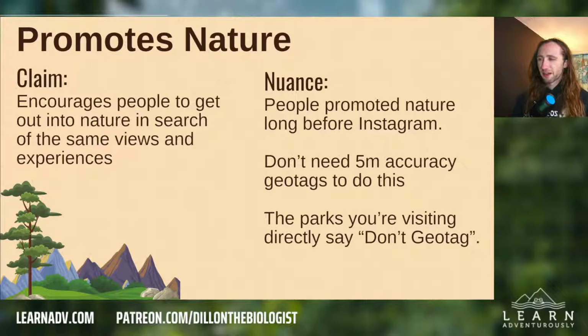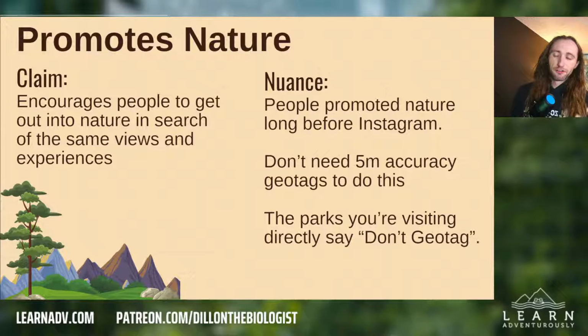And this is especially conflicting when the parks they say they're promoting, the nature they say they're promoting, and the staff who work for that nature constantly say, don't geotag. So it's this weird thing where the influencers do think they know more than the people whose job it is to promote nature, right? This is something I'm always going to keep pushing back on.